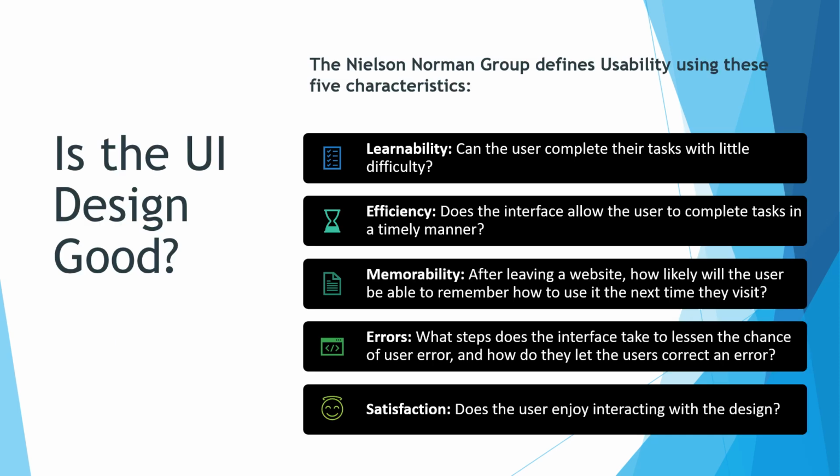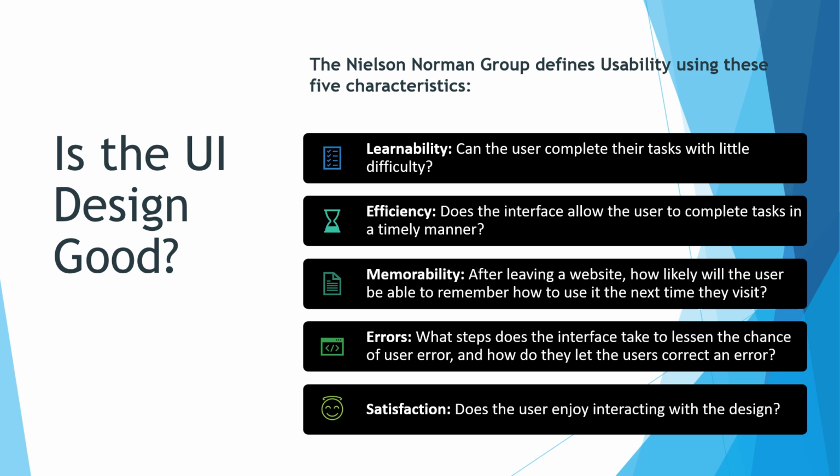So how do you know if the UI design of a website is good? The Nielsen-Norman group defines usability using these 5 characteristics. One is learnability. Can the user complete their task with little difficulty? If they're struggling, searching your website for how to make a purchase or things like that, that's not learnability.